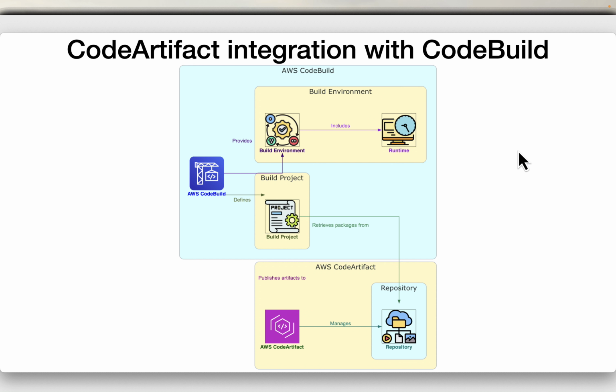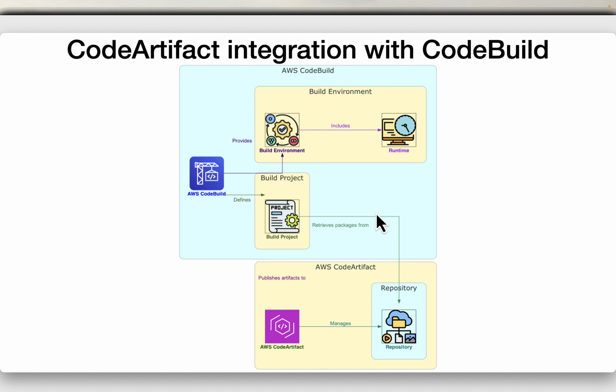What we have seen is, from a developer point of view, what command to run. But for 100% automation, in your CodeBuild or Jenkins or whichever continuous integration tool, you have a build environment, runtime and all. When you have a build project phase where you compile and finally make, let's say, a jar file or something, you have two options.